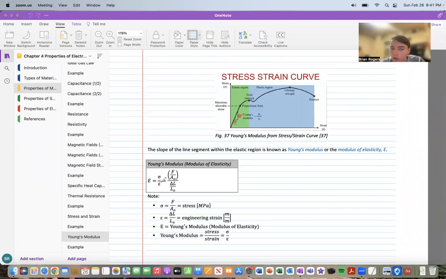So it's your stress over your strain. Remember, stress is the amount of force per unit area, and strain is the change in length over the initial length. And so that is Young's modulus.